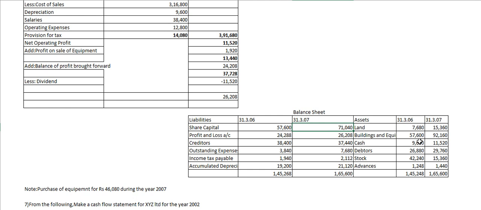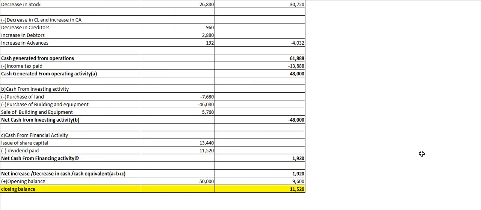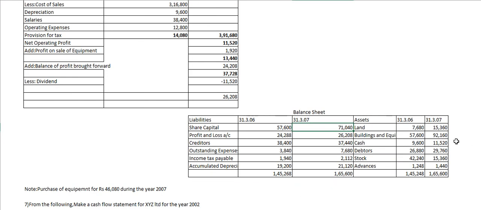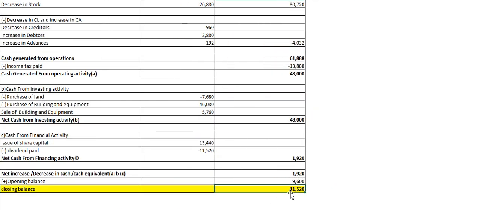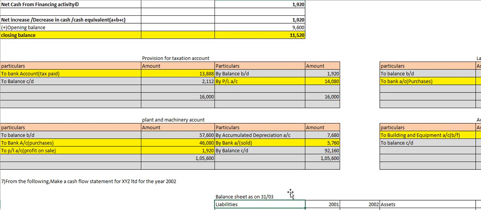What is your opening balance of cash? 9,600. So 9,600, when you add it, you should always get the resultant figure, which is your answer, as the closing balance of cash, which is 11,520. Only if you get the closing balance correctly with your sum, the answer is correct. So let's move on to the next question now.